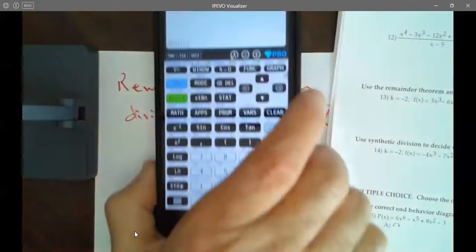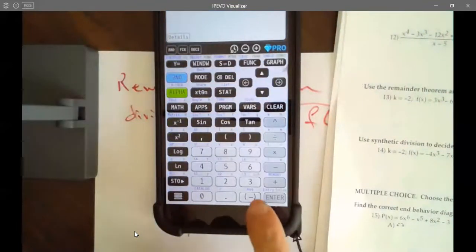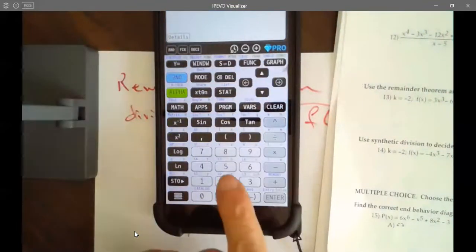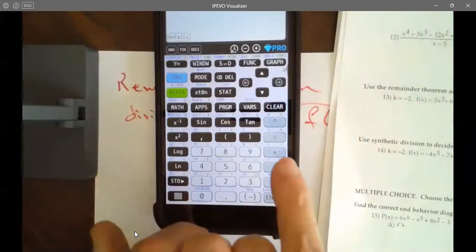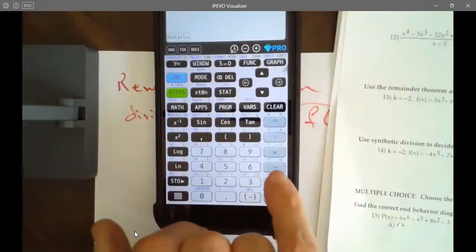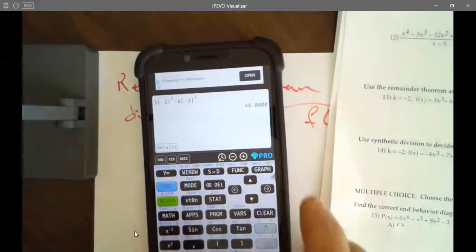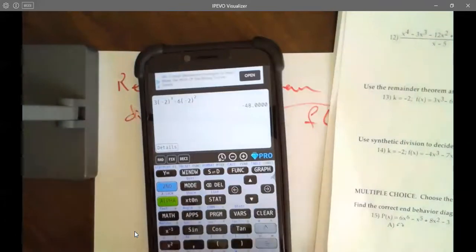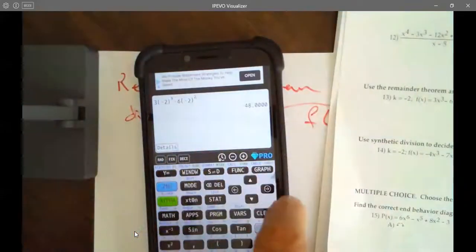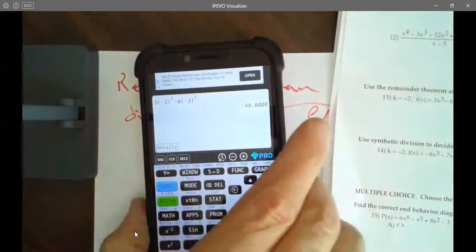Now, you have to be careful here because when you hit -2, you use this negative and then 2. But when you hit the minus for -6, the operation key, you hit this one and then 6. Now when you hit squared, you don't have to hit the right arrow because it automatically goes out of the exponent.